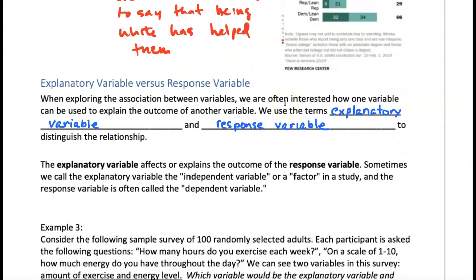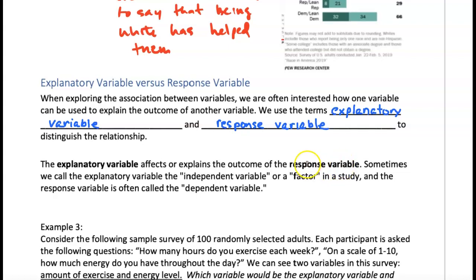And these ideas that we're talking about are what we call explanatory and response variables. So we now know what variables are, but are we able to connect? Can we say that one variable explains why the result of another variable occurs, right? And that's what we're talking about. Can we distinguish between a relationship, an explanatory variable and response variable relationship?